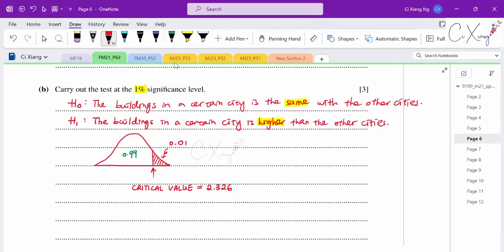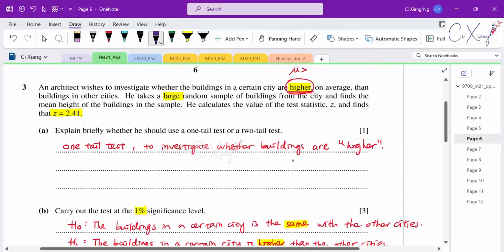Okay, once you have figured out the critical value, now you want to check your test statistic and see whether it is located in the rejection region or the acceptance region. What is my test statistic from the sample? From that particular sample, when you do the calculation, the test statistic that you get is 2.41.